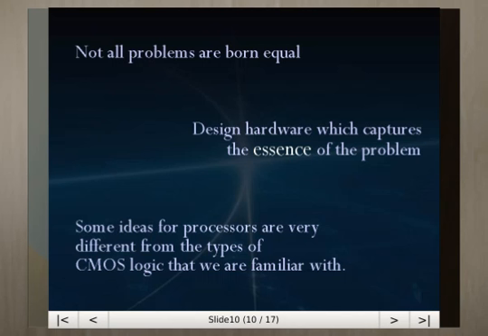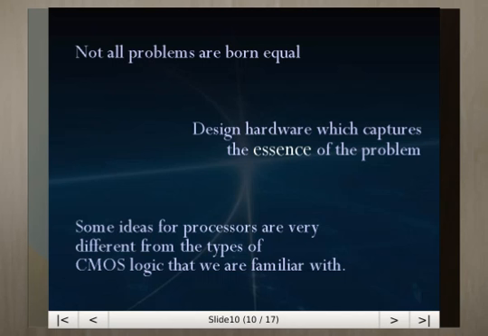I'm hoping in the future there'll be a wealth of new processor specialization where the hardware is actually designed with a specific application in mind. This is the idea behind something called co-design, which I wrote a blog article about recently. If anyone's interested in reading that, it's on my blog.